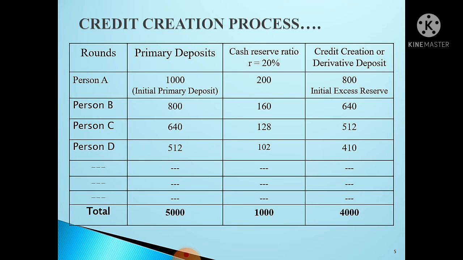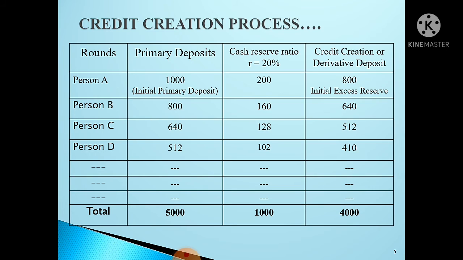This process will continue till the initial primary deposit of rupees 1000 and the initial excess reserves of rupees 800 lead to an additional derivative deposit of rupees 4000.